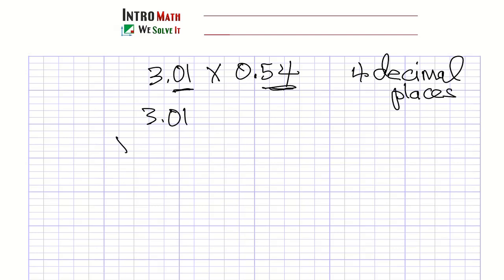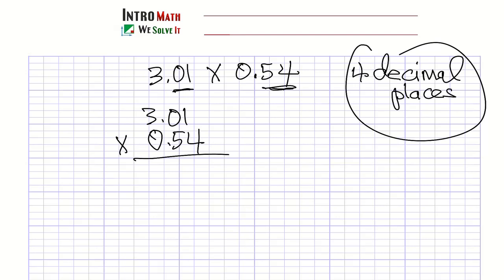3.01 times 0.54. Basically, as long as you remember the decimal places, how you line it up here really doesn't matter. What matters is once you're multiplying, it matters where you put them. Okay, let's say 4 times 1 is what?